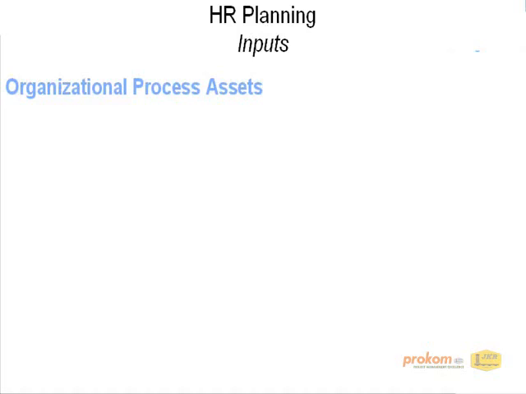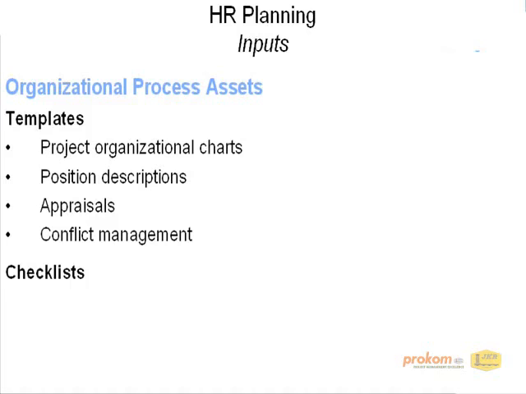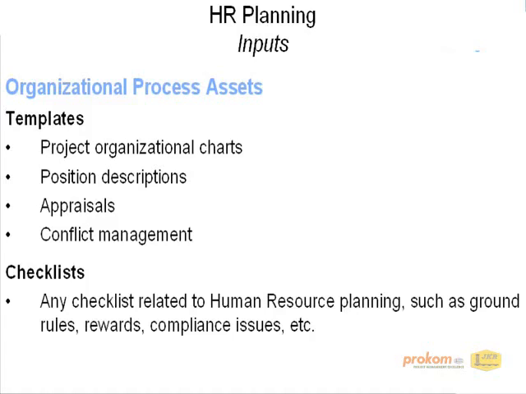The purpose is to reduce planning time and also to continue building on what was learned from the previous projects to avoid making similar mistakes and therefore have higher efficiency and success. Templates can be used for project org charts, position descriptions, appraisals, and conflict management. And checklists can include any checklist that is related to human resource planning, such as ground rules, rewards, compliance issues, and so on.